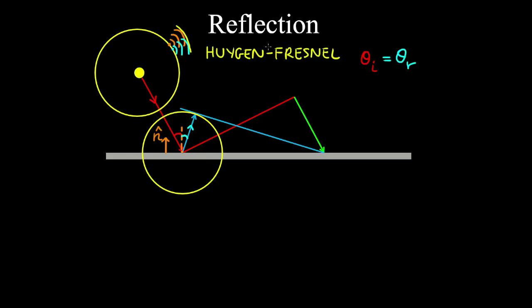Using this principle, we consider this light ray and the propagation of this wavefront to the surface. When this wavefront hits the surface, it looks something like this. When we're looking at a small part of the surface, compared to the distance from the light source, the further away the spherical wave is from the light source, the spherical wave appears more and more like a plane wave. And that's how we'll treat the wavefront.